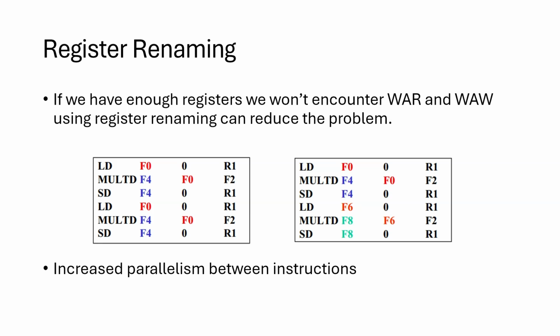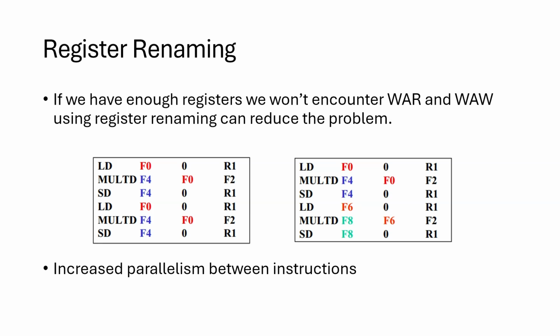In the picture, the left one uses F0 twice when it loads the register, but in the right part, when it uses F0 the second time, it is changed to F6, so it is called register renaming, and also F4 is changed to F8. Register renaming can also increase performance, because with it we can get rid of the write after read and write after write hazards.